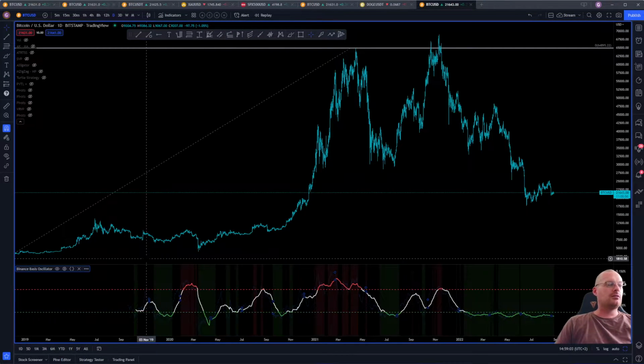And so basically what happens is that when we are very bullish and traders want to trade leveraged, the price on the perpetual contracts will be higher than the spot price.